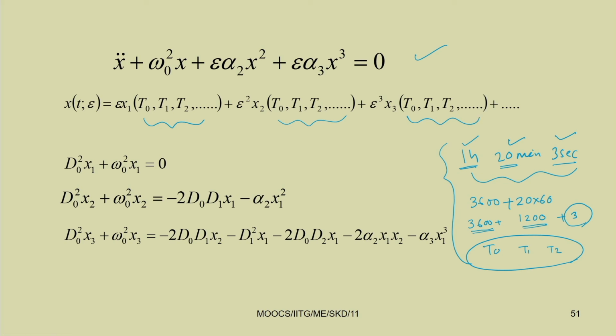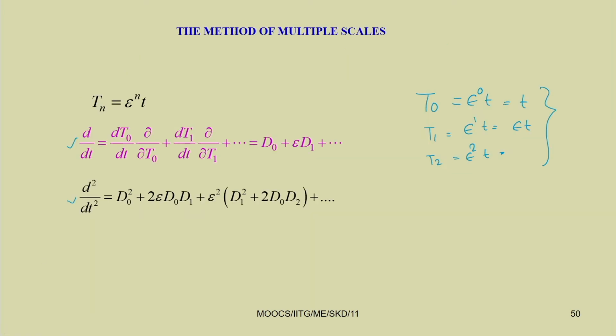By substituting this in the governing equation for x, and also the d by dt and d square by dt square which we have already written, these two terms can be written as d 0 plus epsilon d 1 plus epsilon square d 2, and similarly d square by dt square can be written as d 0 square plus 2 epsilon d 0 d 1 plus epsilon square d 1 square plus 2 d 0 d 2.